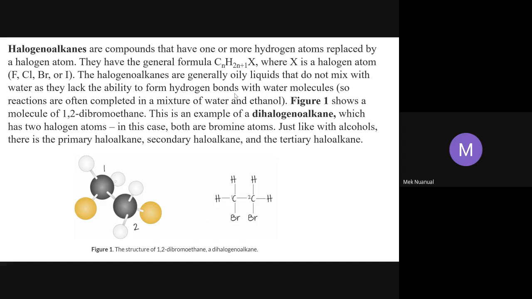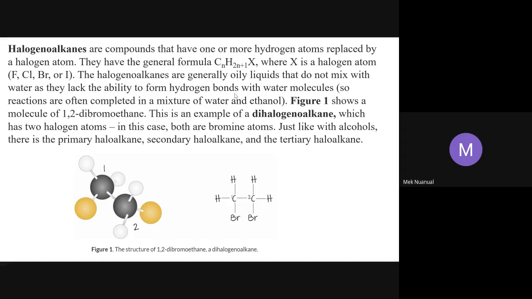So they don't really dissolve in water very well. In general, these are more reactive than just alkanes. So halogenoalkanes will undergo, that you will learn in this lesson, nucleophilic substitution reactions. That's really what we're looking at today with these particular compounds.